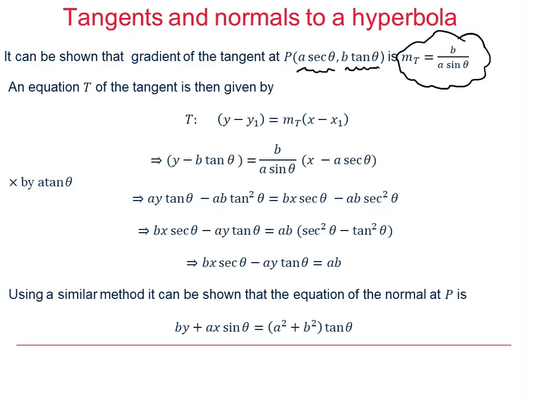Once you've got that, it is just substituting that gradient into our straight line equation, y minus y1 is gradient multiplied by x minus x1. That gives an alternative expression for the tangent and for the normal using the alternative parameters.